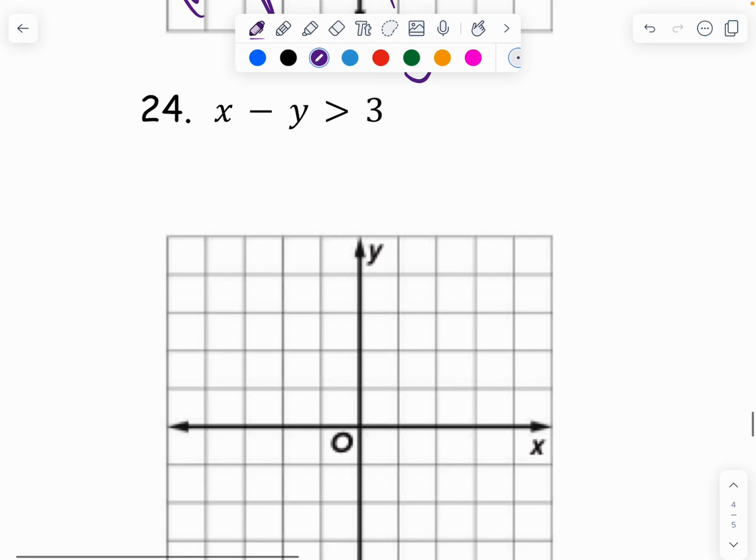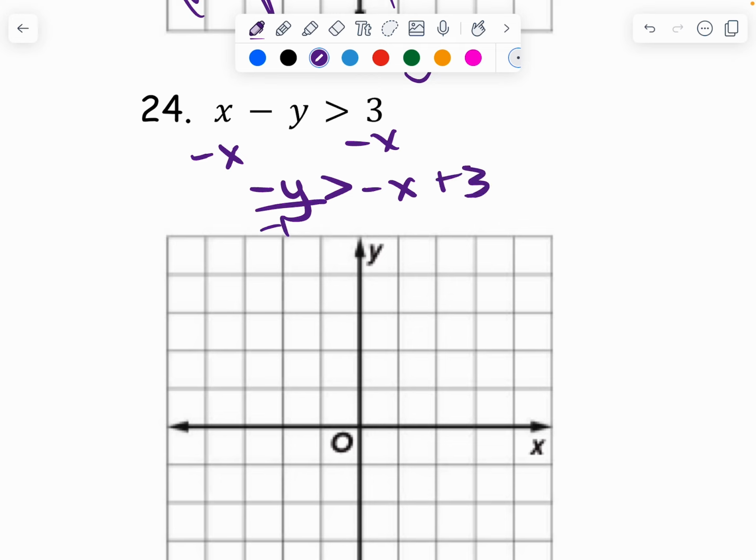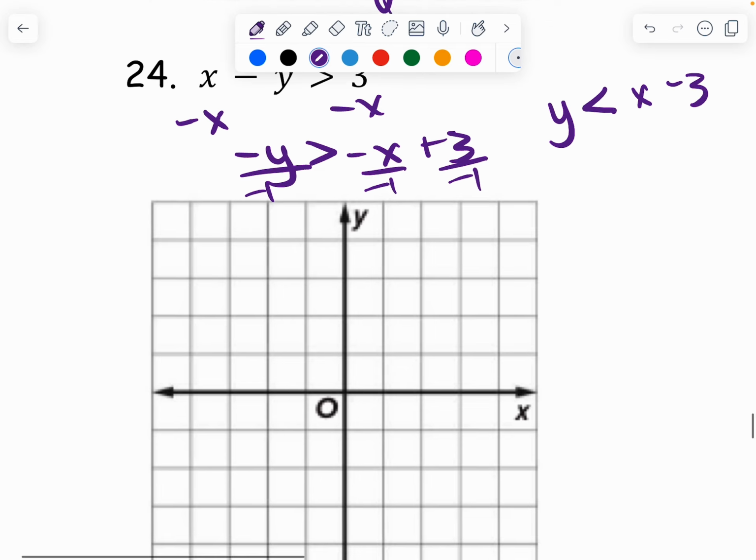Okay, this one, I need to subtract x from both sides. -y is greater than -x plus 3. Divide by a negative, and I get y is less than x minus 3. So I go down to -3. I have a slope of 1.